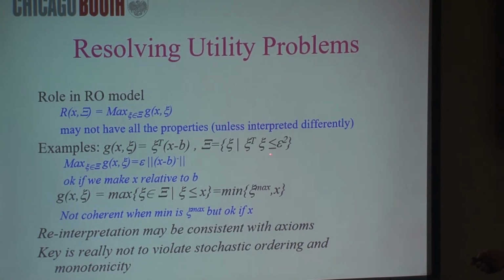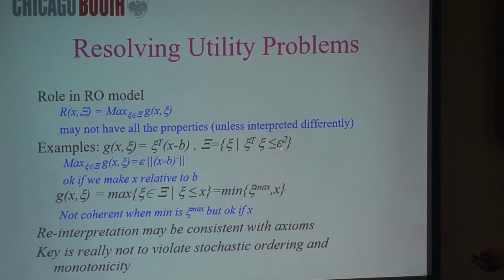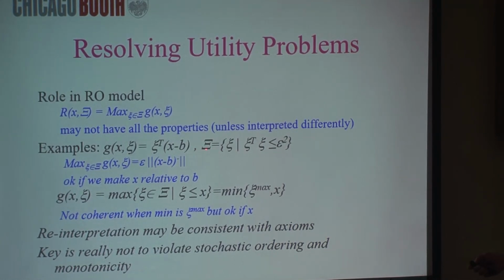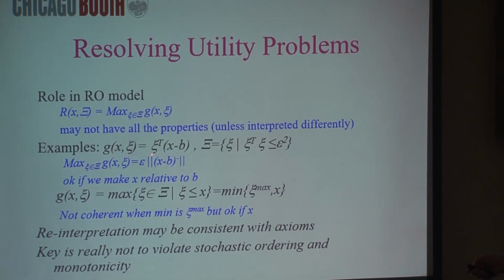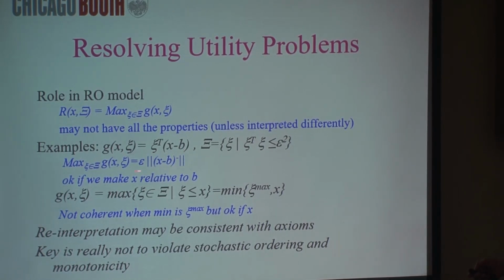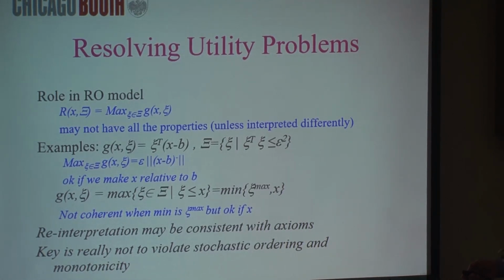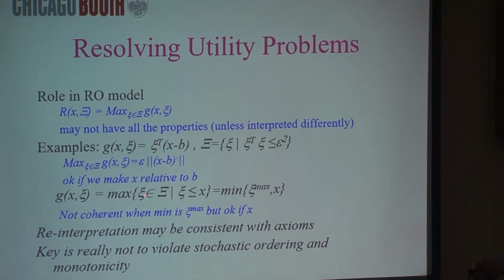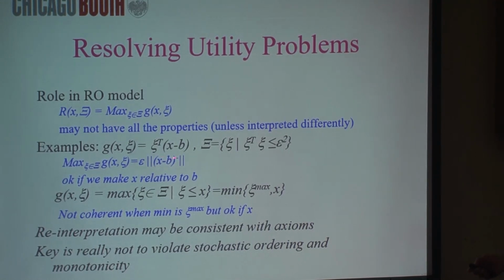So this is like the ball of radius epsilon. So if C is just a sphere, and I maximize C times x minus b over that sphere, then the result is I'll get the radius of the sphere and then the norm of whatever this vector might be. So this by itself is actually not coherent. It doesn't obey those properties.